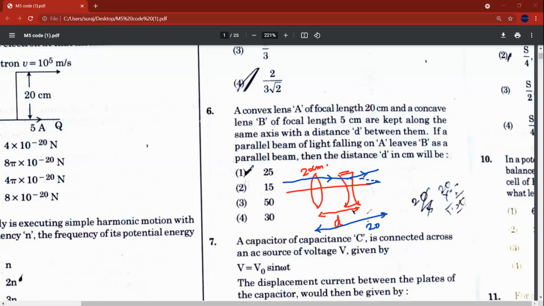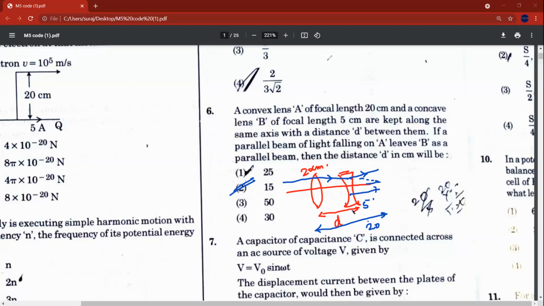Now total, this is 20 and this is 5. The focal length of this is 5. Now d will be how much? 15. d will be 15, right? Yes. Option 2.